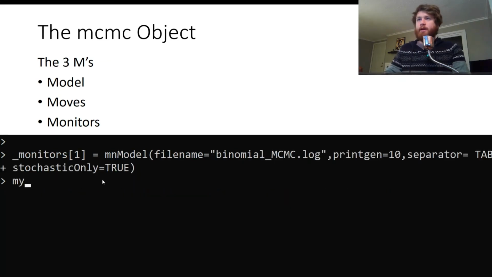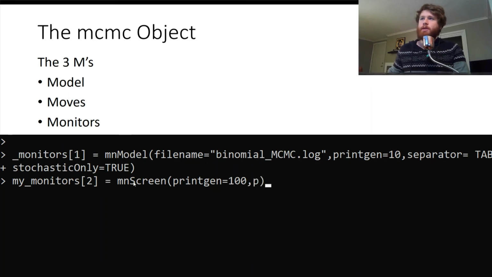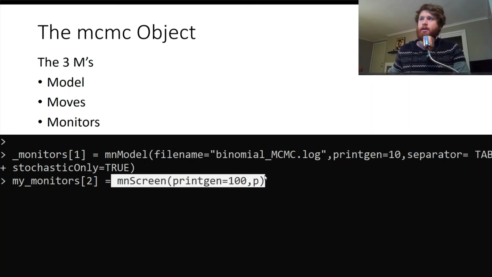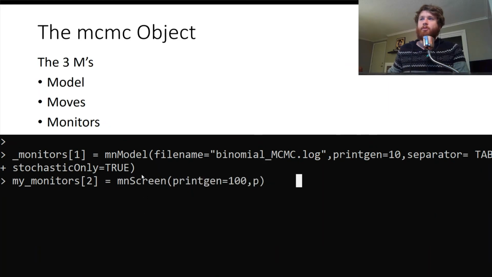And then we will make another monitor. We're going to call it myMonitors2, equal to mnScreen. In this case, we give it printgen equal to 100, and then p. What this one does is that as we're running our MCMC, it prints out what our MCMC is doing to the screen.